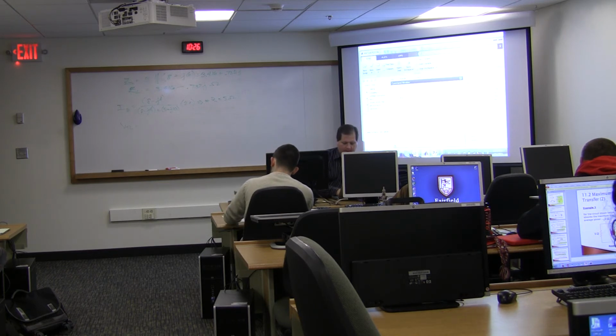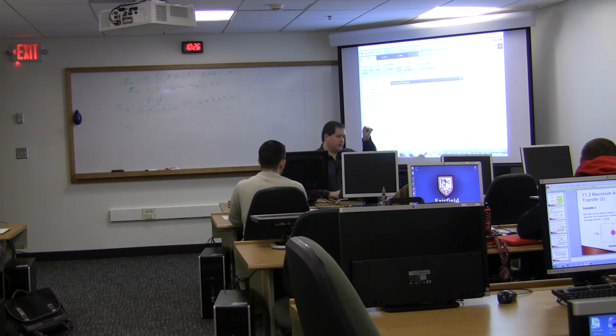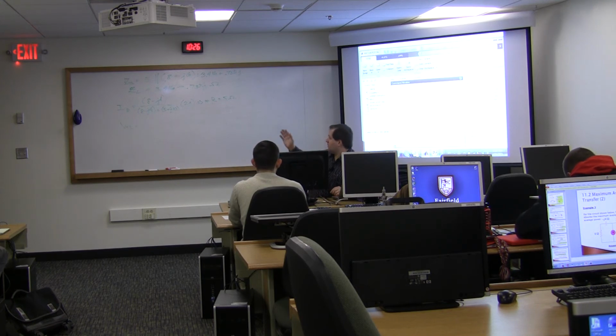So ZL is equal to ZTH prime. That's how you get the complex conjugate in Matlab. You can just use the little apostrophe symbol. And then let's see. So I want to find IR, right? I can just put this all in together. Actually, VTH is going to be equal to, let me be careful typing this all in.